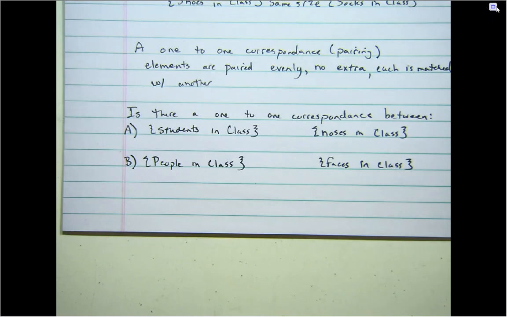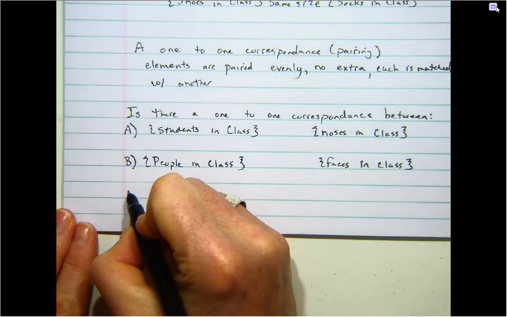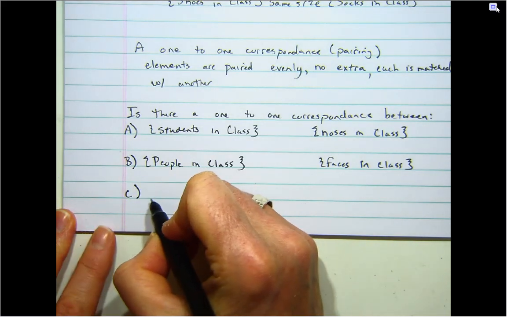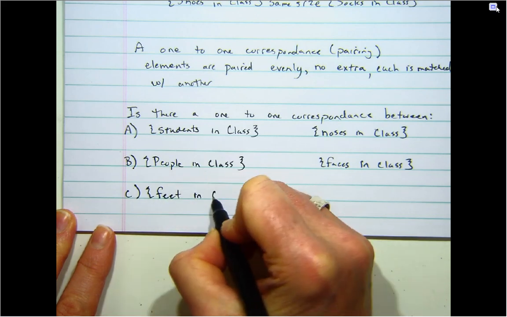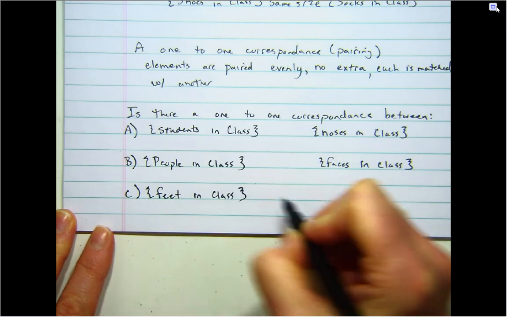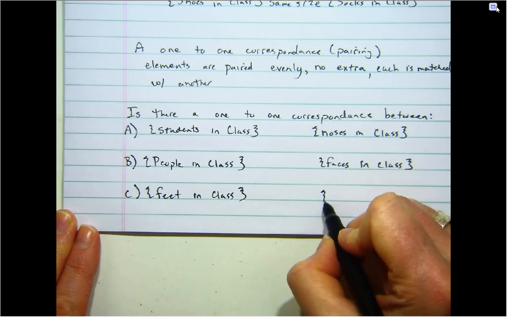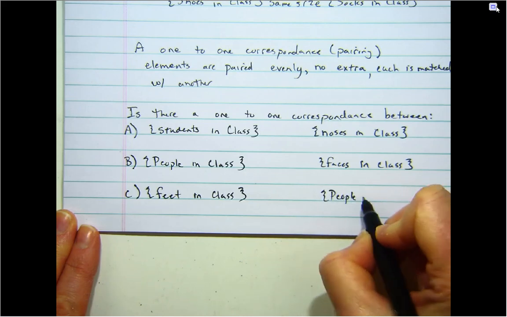So we have the people in the classroom and the faces in the classroom for a second example that you can decide if there's a one-to-one correspondence or not. And then we'll have feet in the classroom and people in the classroom.